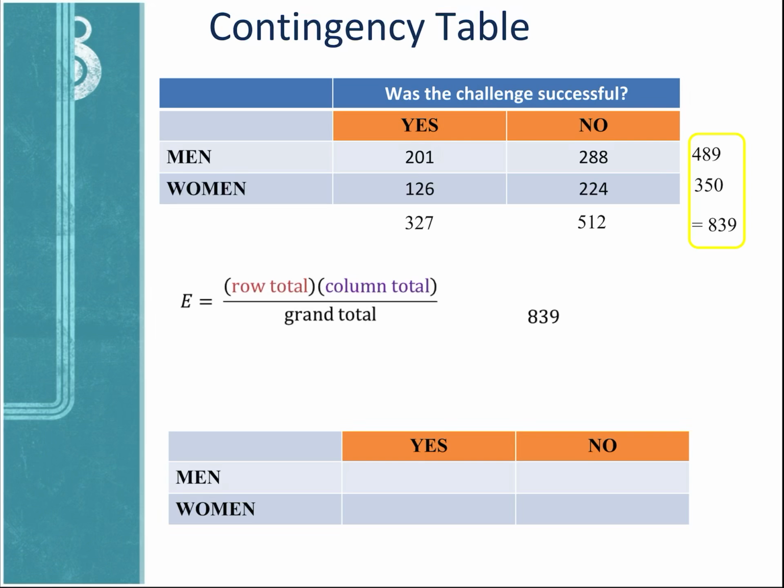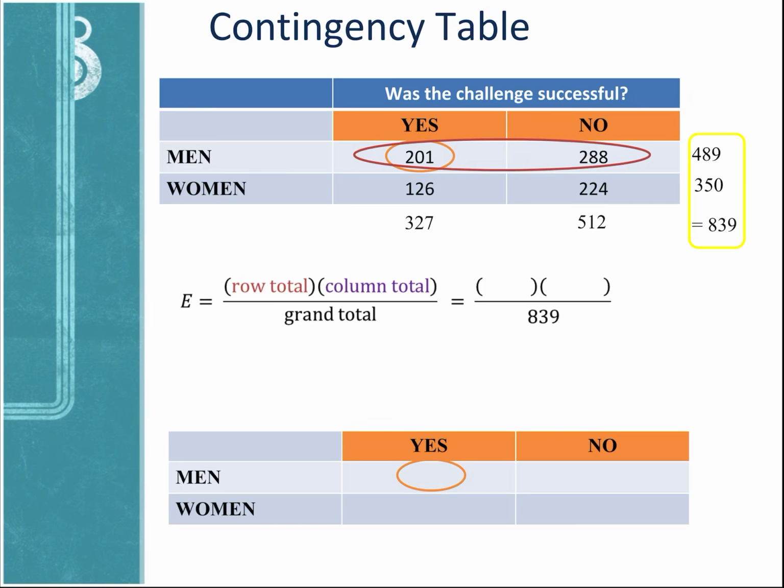So here's how we find each expected value. For each cell, say row 1, column 1, we take the row total that cell is in, multiplied by the column total that cell is in, divided by the grand total. So let's say we're looking at the cell for the men row and the yes column, the top cell in the left column.